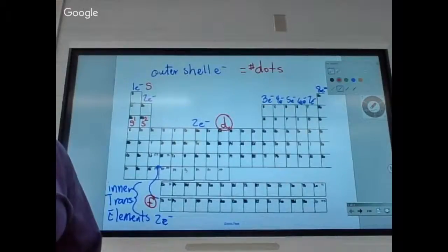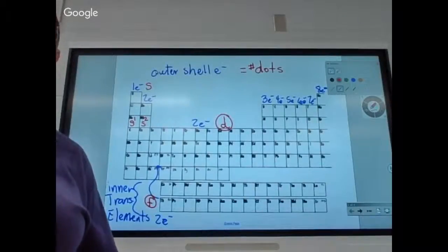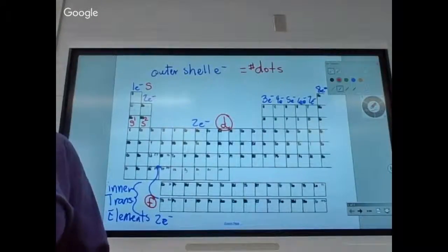Ever. Why can F and D never be the outer shell? Because what, Cynthia? They're more than 8. What's the maximum number of outer shell electrons? 8. How many can D hold? 10. So if D can hold 10, can it ever be the outer shell?